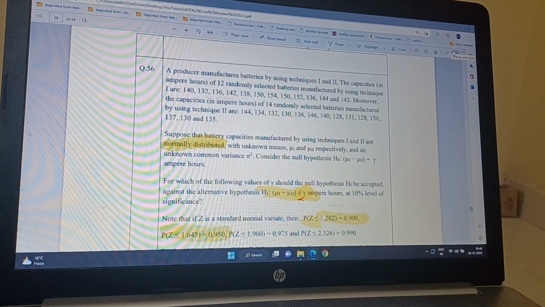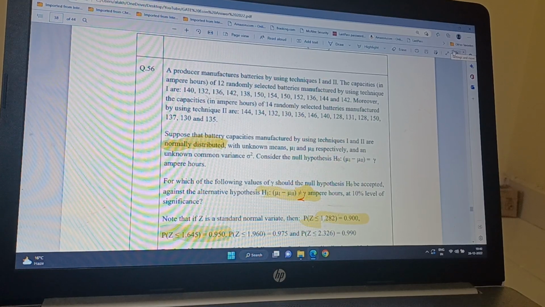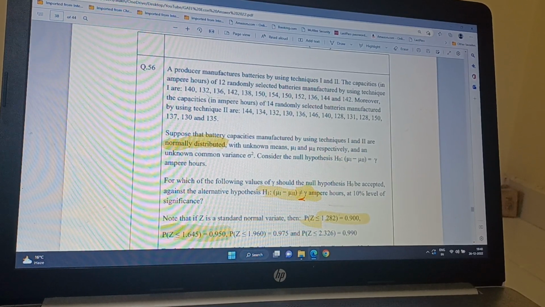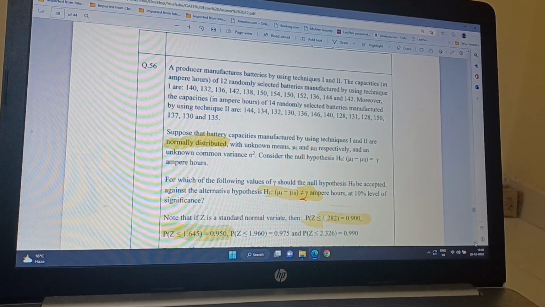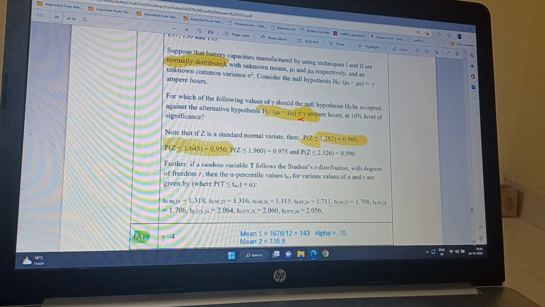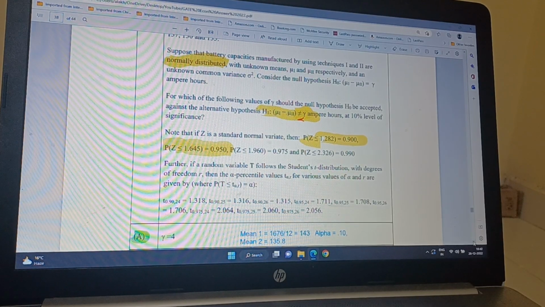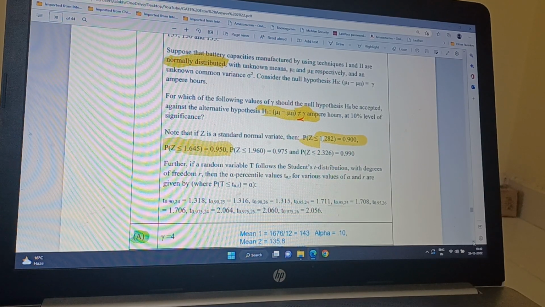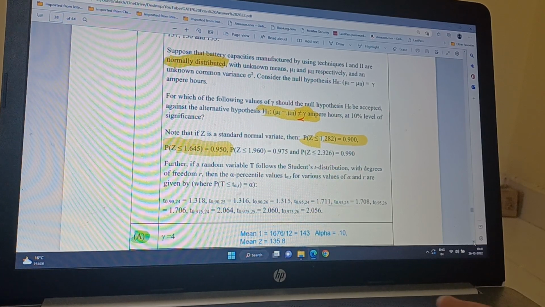So we start with this Z, because why will we use Z tables or Z values? Because it is normal distribution. So we will not be using T values, because even though it is a small distribution, means the sample size is small, 12 to 14, still it is from a normal population, so Z value should be used. So it gives the Z values of tables.